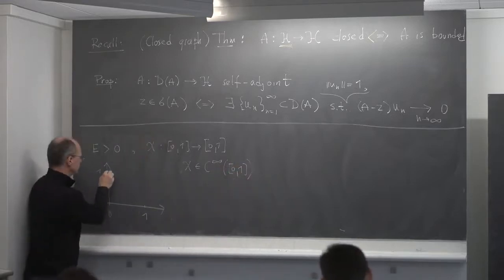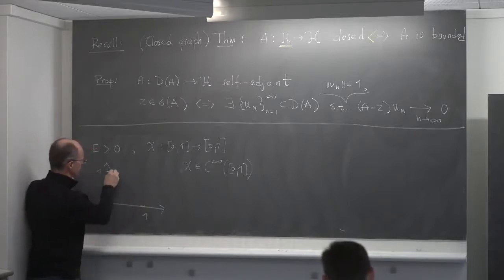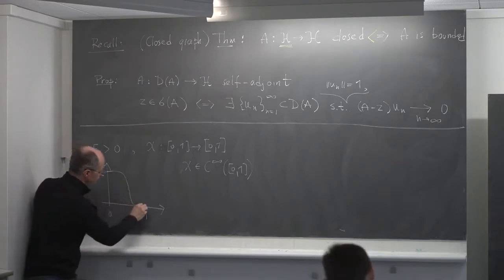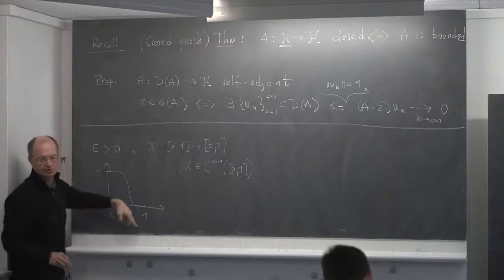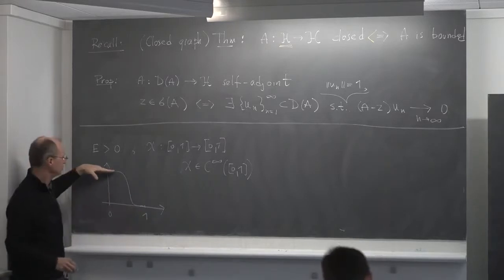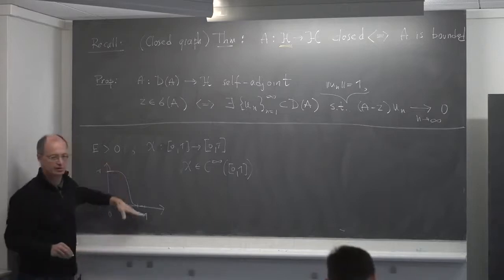It will be equal to 1 near 0, and it will be 0 near 1, and it will be monotonously decreasing from 1 to 0. So there will be a plateau here, a plateau there, and then it will be decreasing.